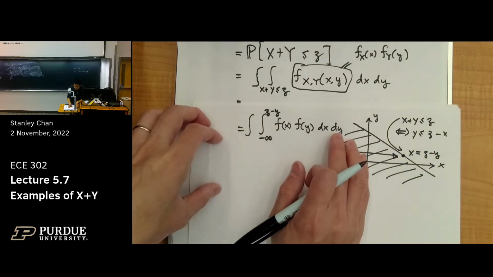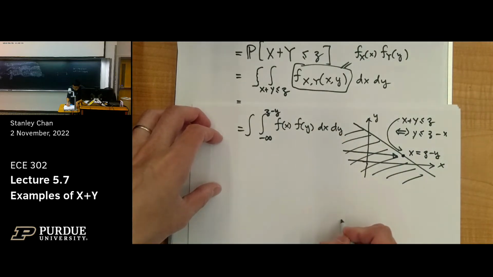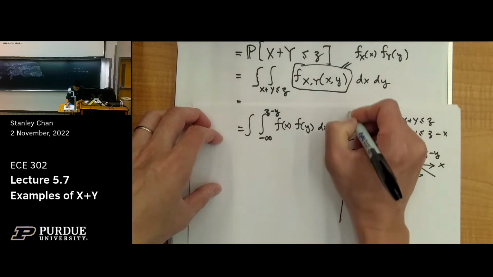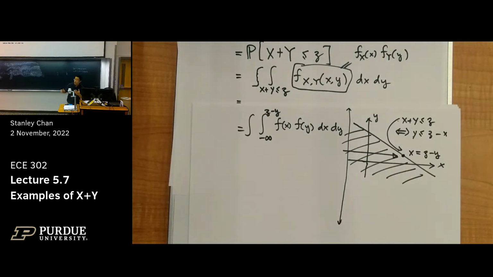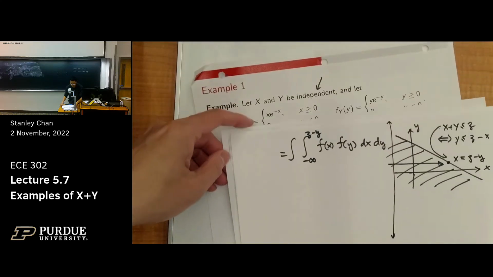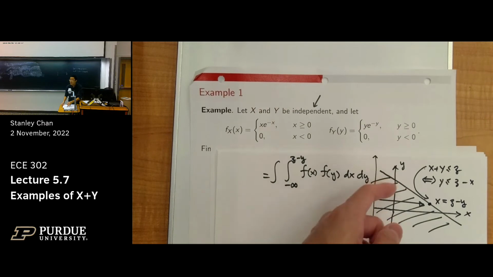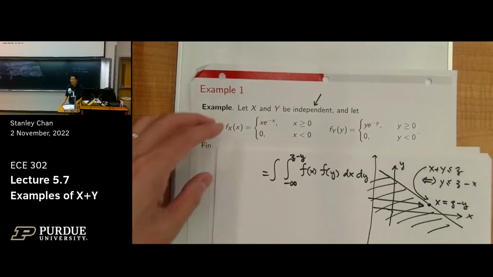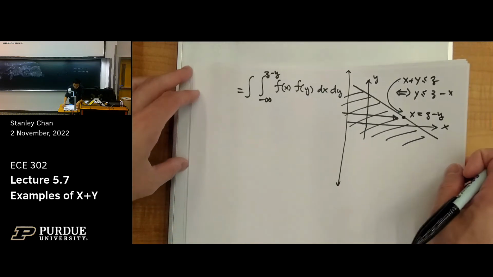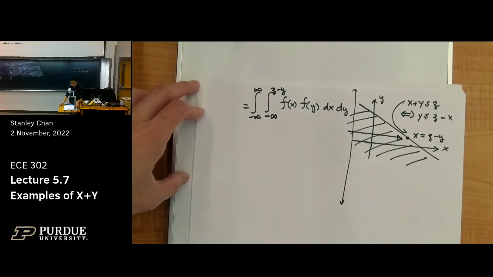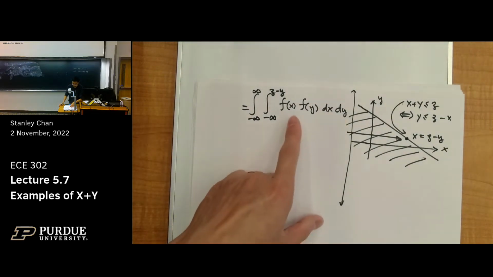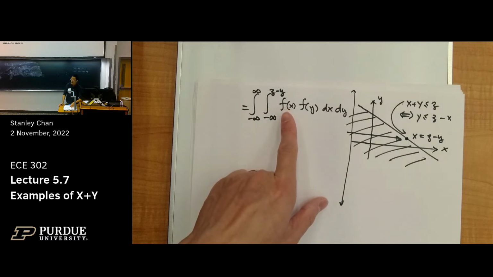So where would be the range of y? Y will go from -infinity all the way up to +infinity. That will be the entire range of y. Now, again, if you plug into this specific formula, y has to stop at a certain fixed number z, and that will again create some mess. So go with -infinity to infinity. Now, look, I still have not yet plugged in my specific distribution.